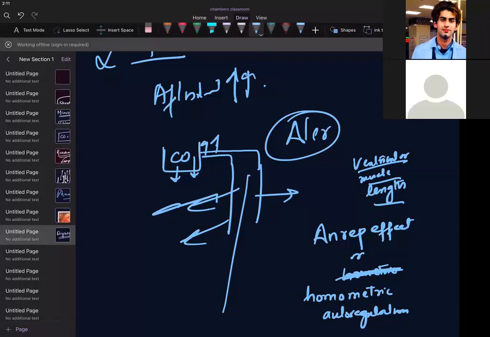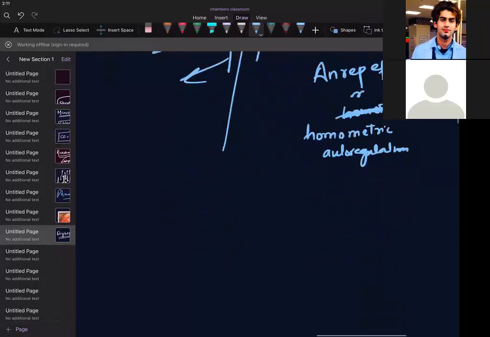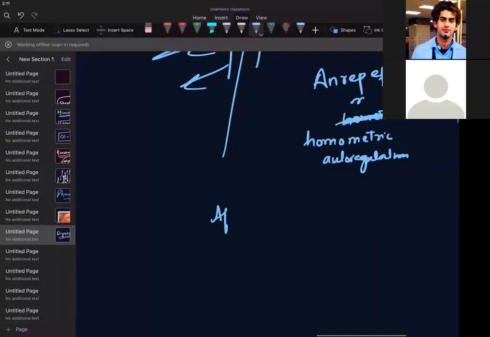That means afterload is dependent on what factors? Now going to afterload, so afterload depends on two factors. Number 1, vessel diameter. Second thing, viscosity of blood.